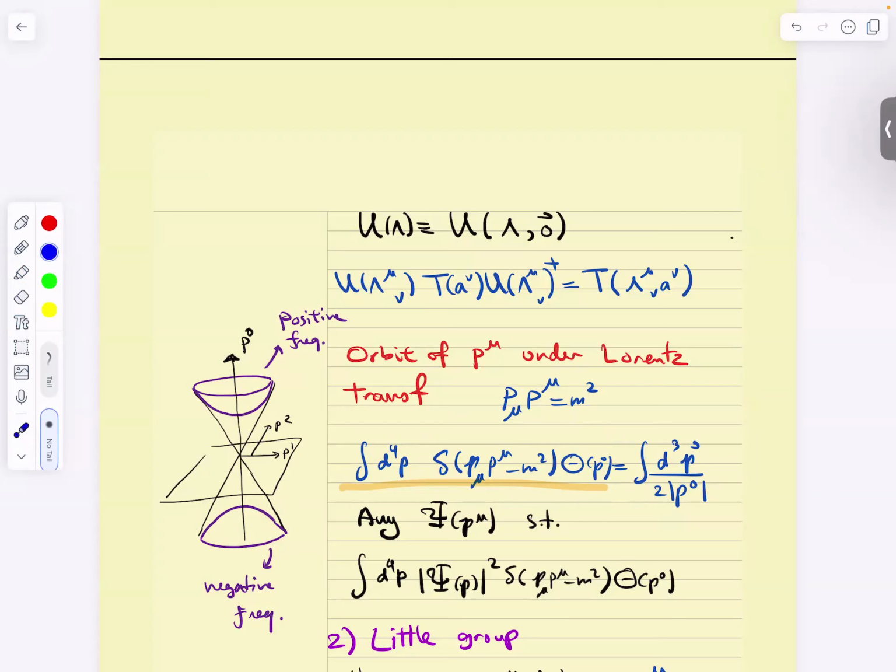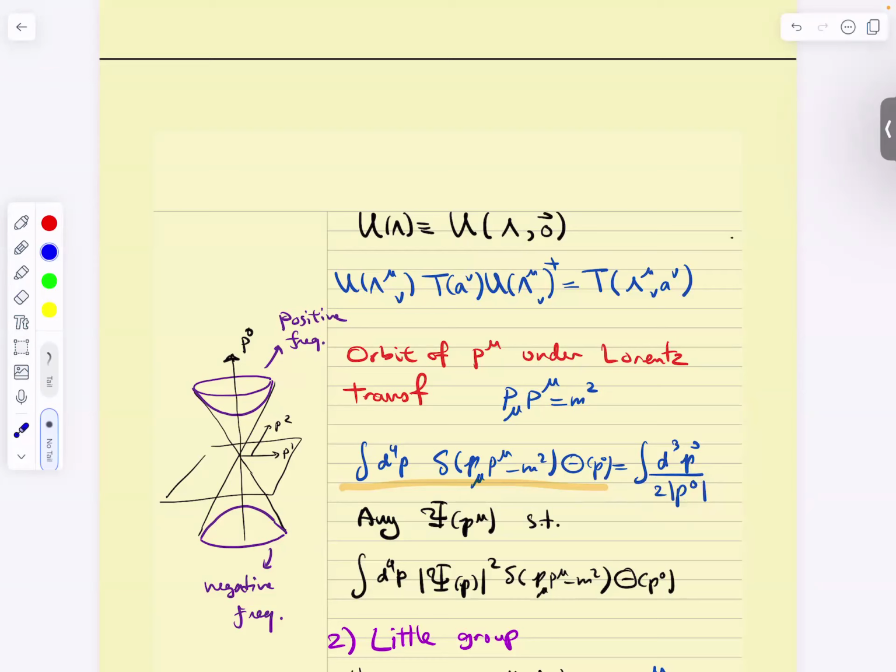What do you get if you remove one of the integrals? This is an important identity in quantum field theory. Peskin goes through this in gory detail. What you get is an integral over the spatial part of the momentum. You pick up 2 over the absolute value of energy if you integrate this.